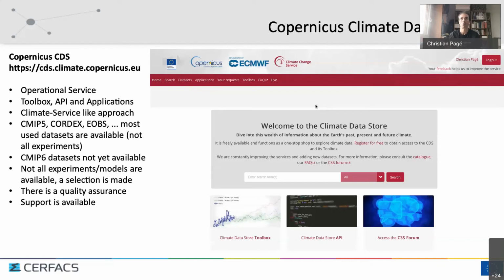It's only the ones that are most used for climate services, so it's really the mainstream ones. A selection has been made, and it's not using the ESGF data nodes, it's using a specific one for the CDS. But everything has been validated for the quality of the simulations included, the subset, and support is available too.